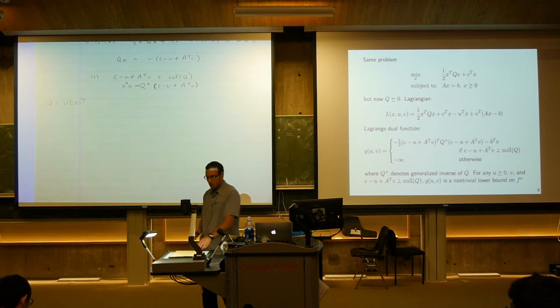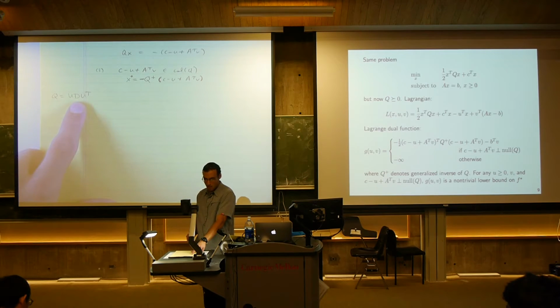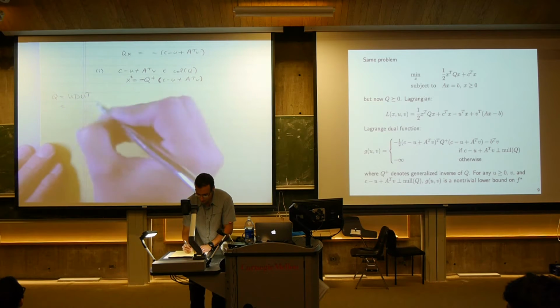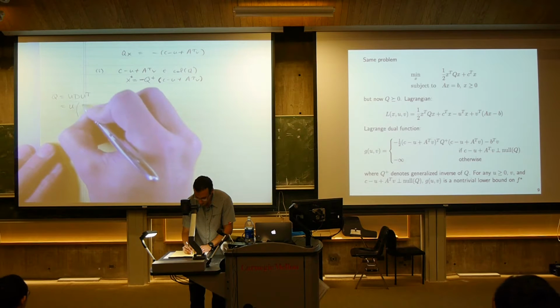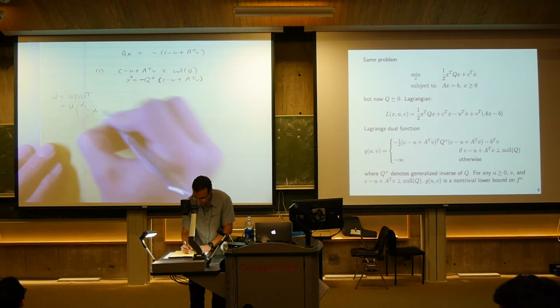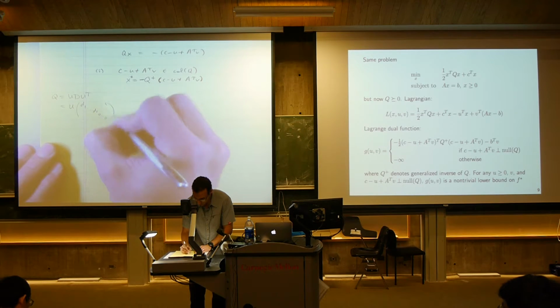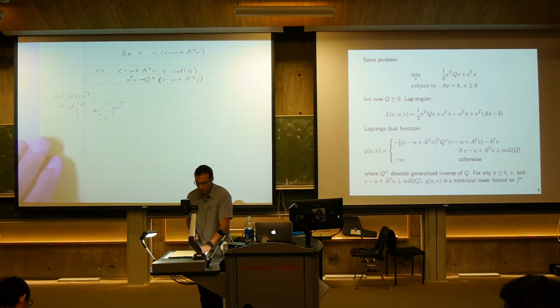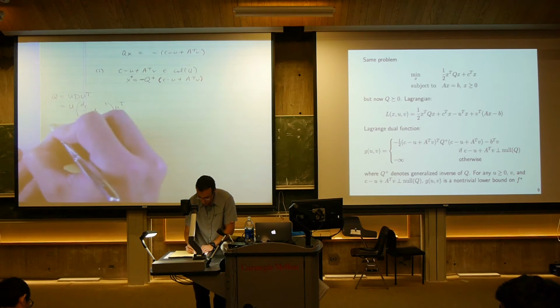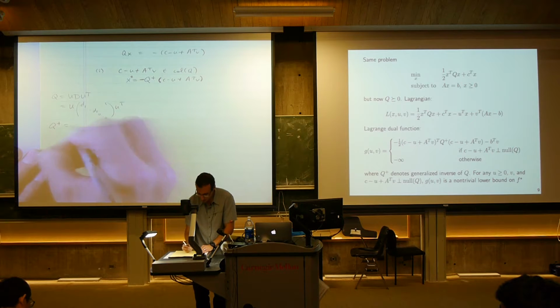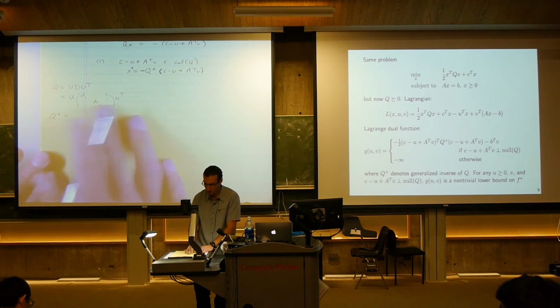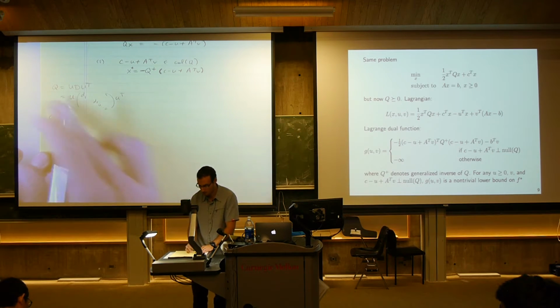If Q is positive semi-definite but not positive definite, then D has some possibly 0 diagonal entries. So we can think about it like this: D1 through Dr, and then 0, 0, U transpose. The way that we define Q pseudo-inverse is usually via this eigendecomposition, or an SVD for a rectangular matrix.